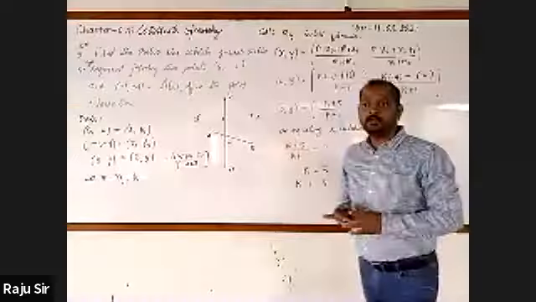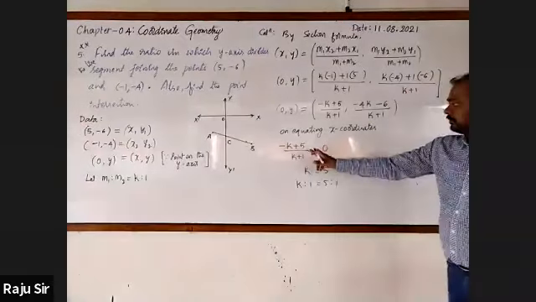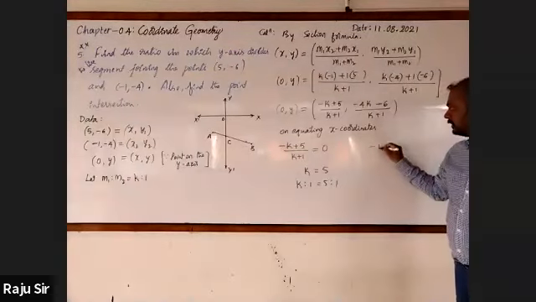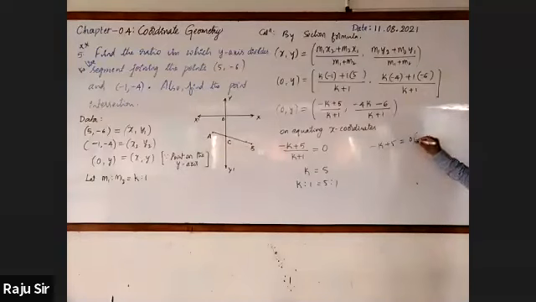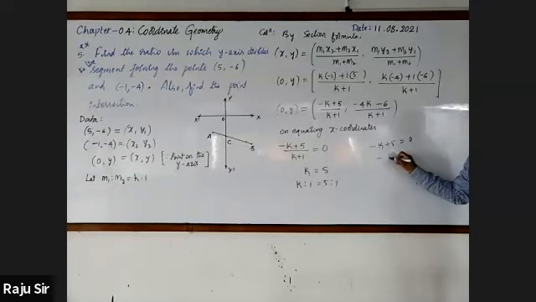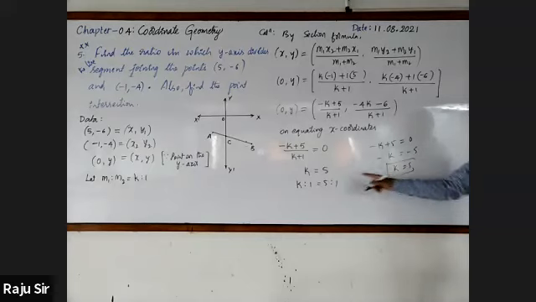Did you all understand? It is very simple. -K plus 5 equals 0; on cross multiplying, 0 into (K plus 1) is 0. Then -K equals -5, transferring 5 to the right-hand side. The minus gets cancelled, so K is 5.